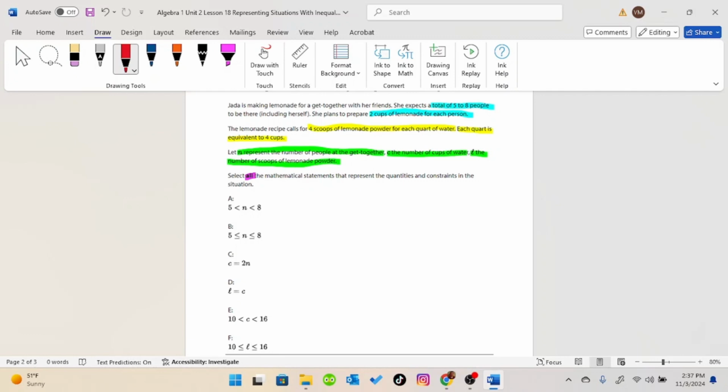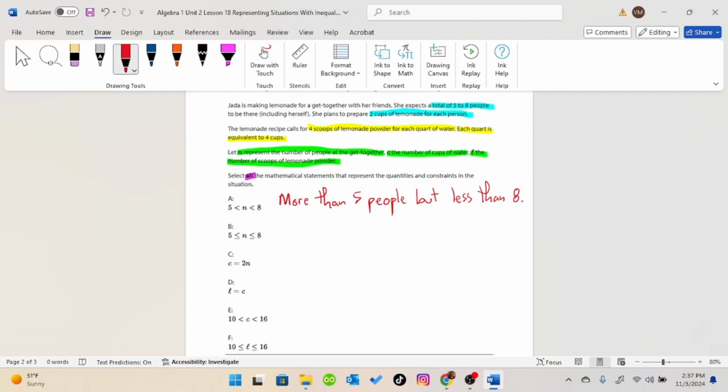N represents the number of people at the get-together. So A says more than 5 people, but less than 8.